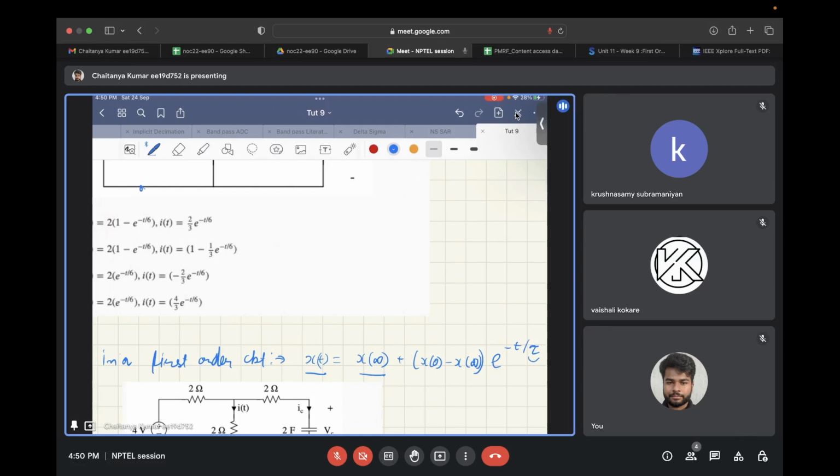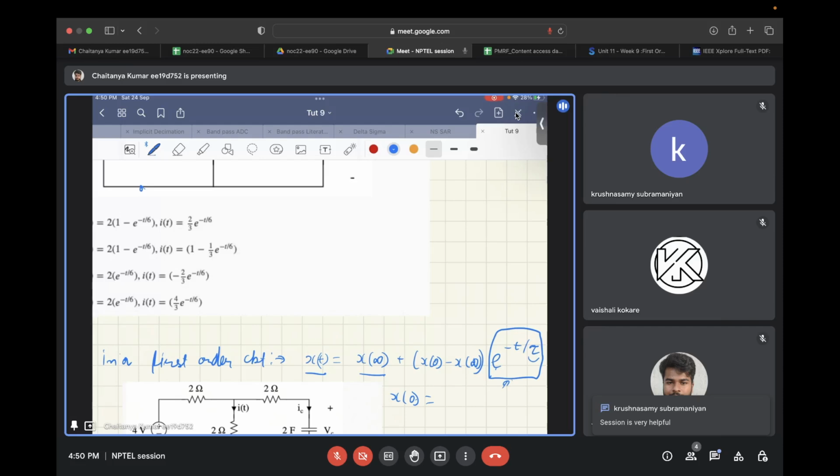So you know that any decay or rise in any quantity in a first order circuit will be with this particular exponential, that is e to the power minus t by tau. At t equal to 0, this quantity will become 1.